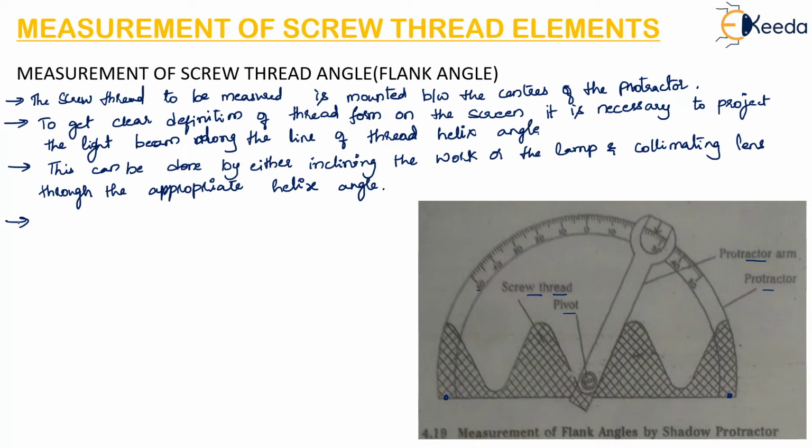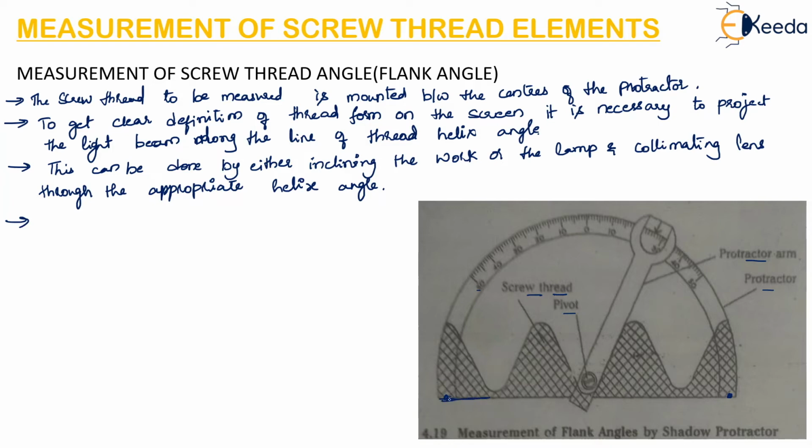The protractor is supported on the screen on a straight edge, and the arrangements are made to bring the shadow of one flank into position as shown in this figure. So this is the image of the protractor which is adjusted on the screen on a straight edge.